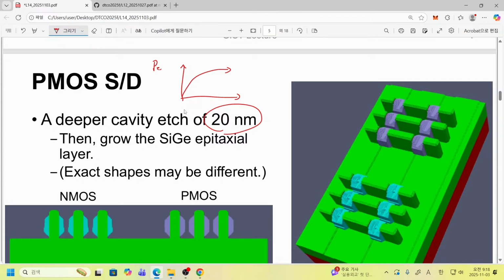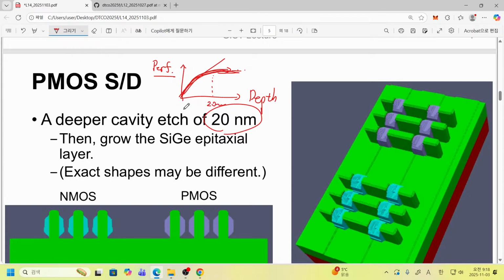So if we make it schematically, if this is performance and this is the depth of our cavity etching, then if it were ever increasing, we could just entirely etch the fin itself. However, it is found in one study that it is saturated and its value was about 20 nanometers.